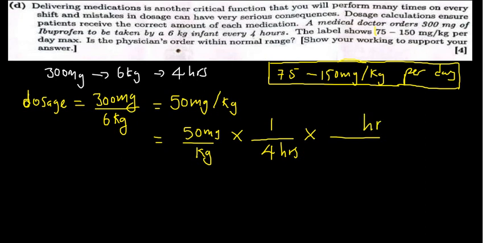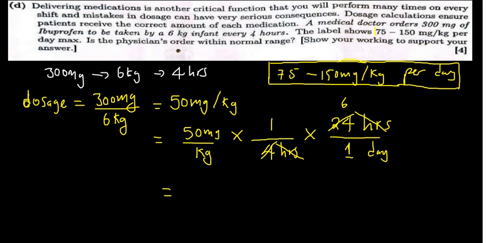And we want to go to days. Between an hour and a day, which one is bigger? We know a day is bigger. In one day, how many hours are there? We have 24 hours. So these hours will cancel with the hours here. The answer is going to be 4 into 24, that is 6? Right?